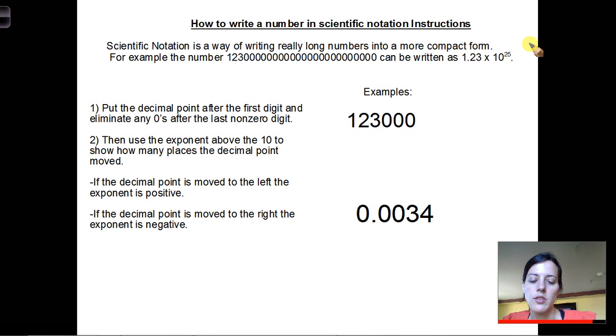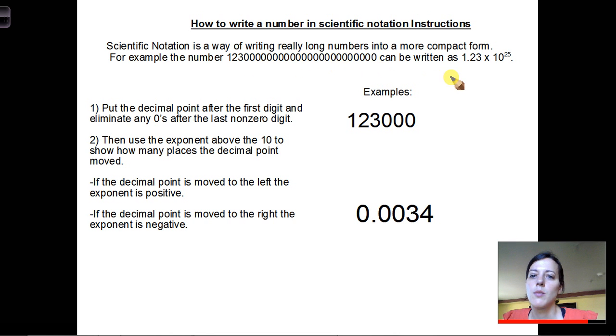Alright, scientific notation. Scientific notation is really just a way of writing a really big number in a more compact form, as it's easier to write down, as well as you're a lot less likely to make a mistake. For example, if you had this number and you had to write it out, if you were me, you'd drop a couple zeros by accident.